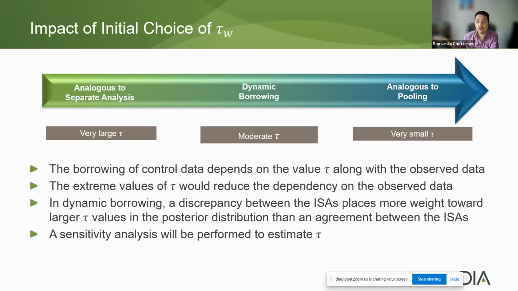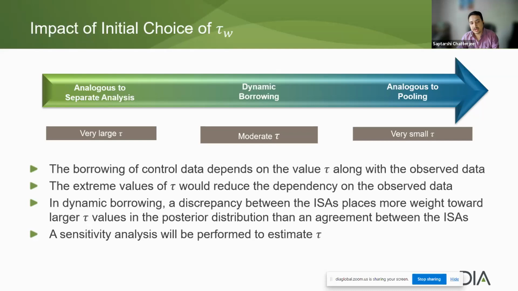If we restrict tau to be very, very small, it is analogous to pooling, because alpha 1 and alpha 2 would be very, very close. That's why the tau parameter is a key piece, and then we put another hierarchy on the tau parameter itself. We usually give it a uniform distribution, uniform 0 to 10.